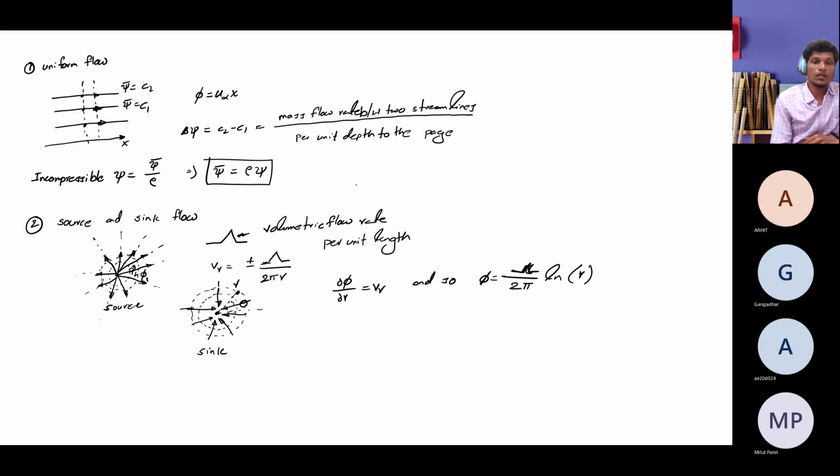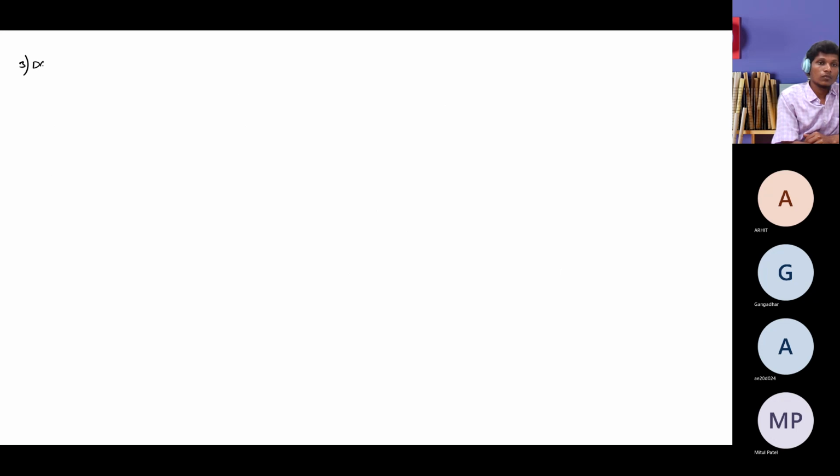And the third one is a doublet. Before going to the doublet flow, you also need to see what a Rankine oval is. Suppose you are placing a uniform flow with U infinity over the source, and your fluid is emerging like this.